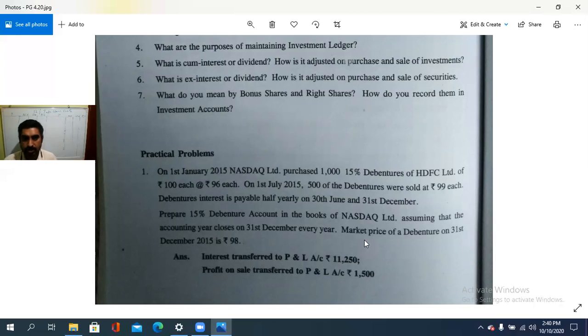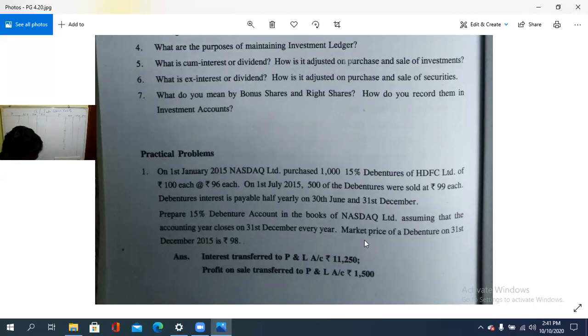On 1st July 2015, 500 of the debentures were sold at 99. Debenture interest is payable half yearly on 30th June and 31st December. Prepare the 15% debentures account in the books of NASDAQ Limited, assuming that the accounting year closes on 31st December every year. Market price of a debenture on 31st December 2015 is 98 rupees.